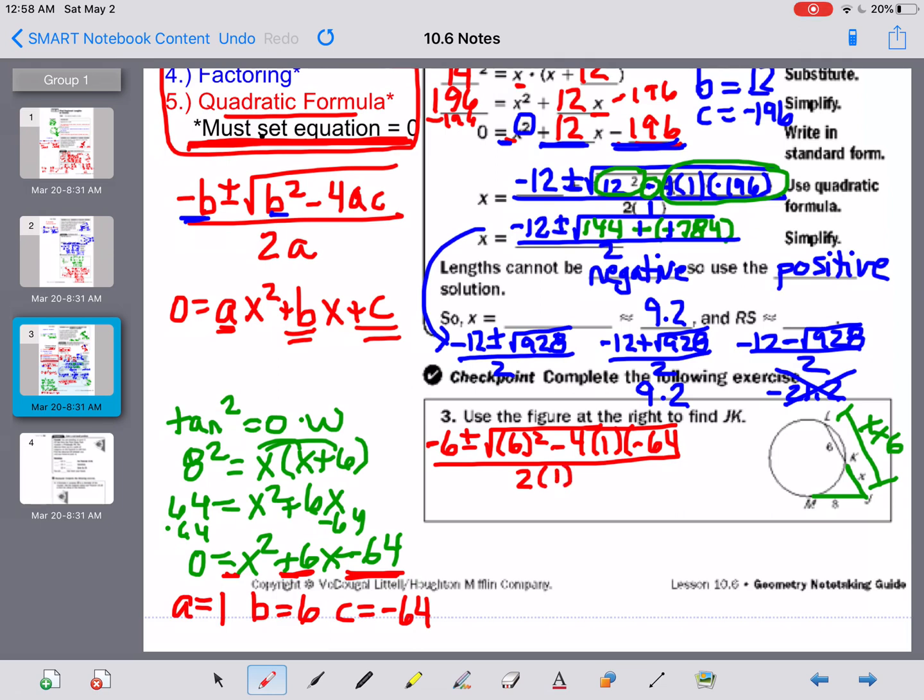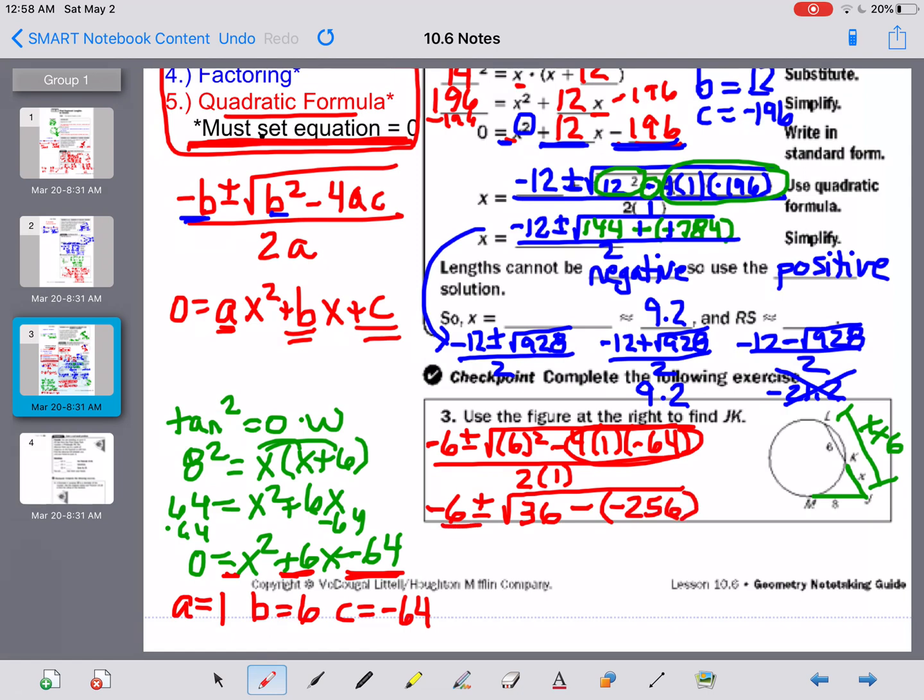My 3 pieces, 6 squared, 36. Always write down my minus, that's piece 2. Piece 3 is all 3 of these multiplied together. 4 times 1 times negative 64. Gives me a negative 256. All over 2 times 1, which is 2.